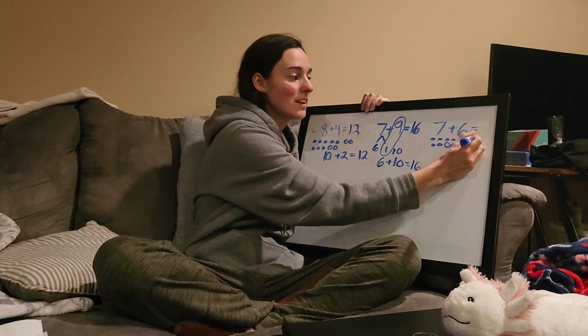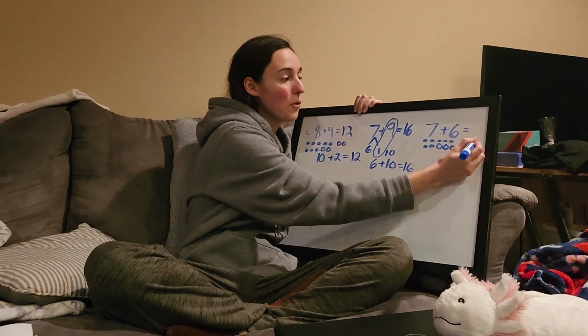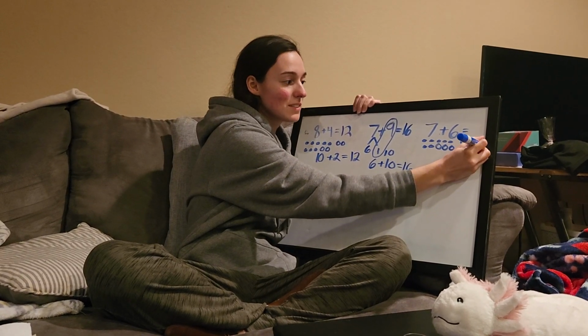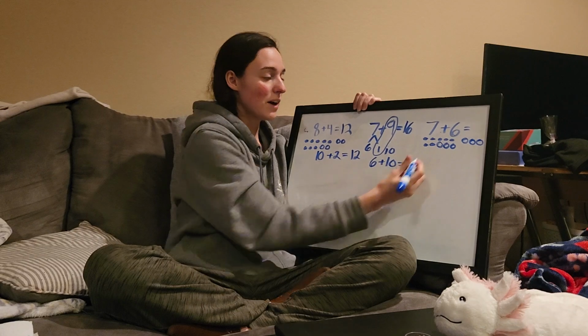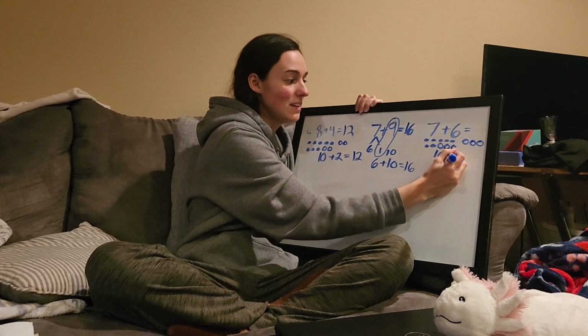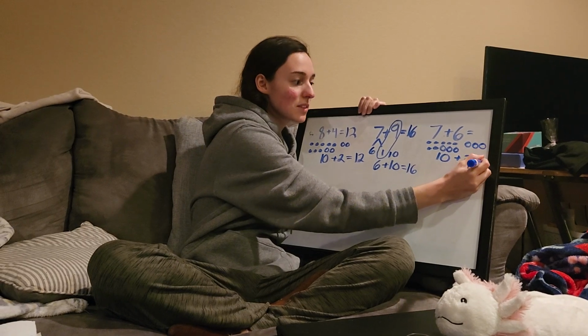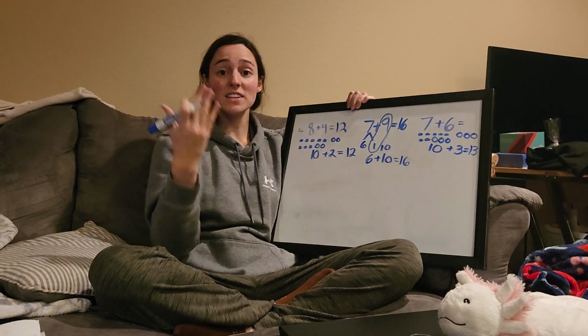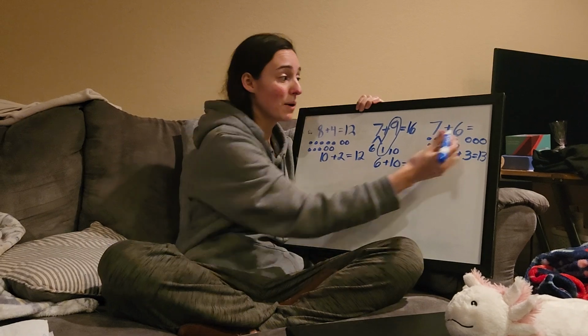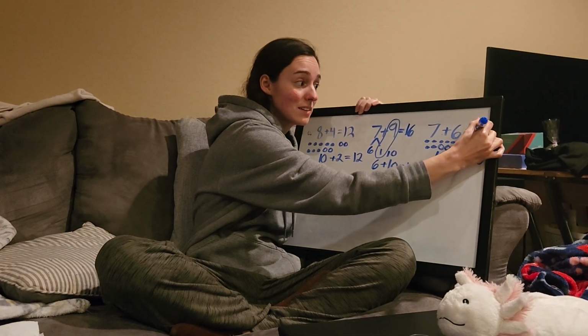There's the 10. 4, 5, 6. So now I have 10 plus 3, which equals 13. And I can do the counting on strategy to double check my work as well if needed.